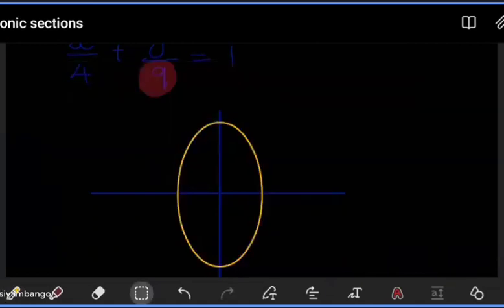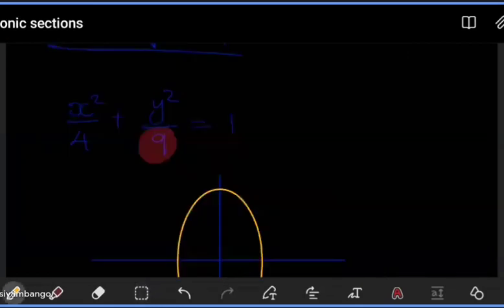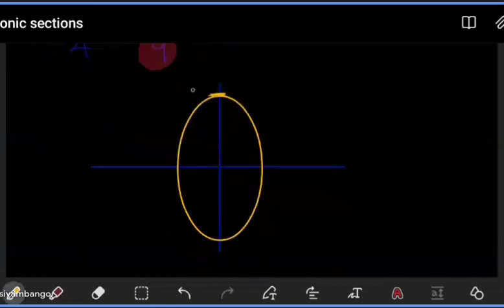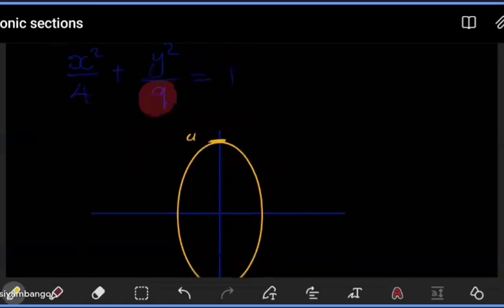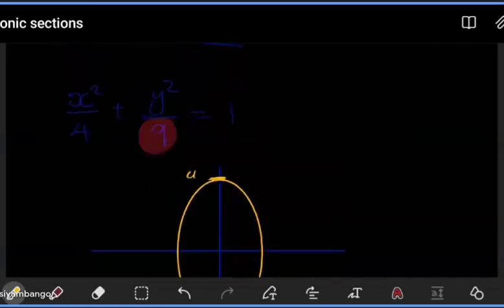Now that that is done, a is basically the distance from the center to the top part, and going down is where minus a will be. Here, of course, you have to be very careful. For an ellipse, what becomes your a squared term depends on which one is bigger.